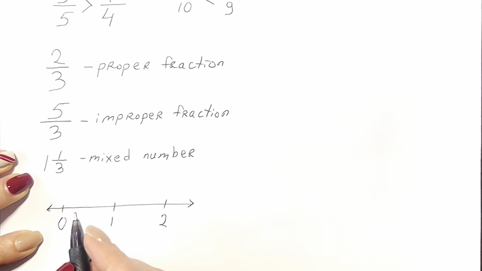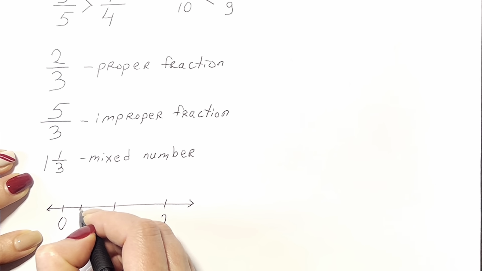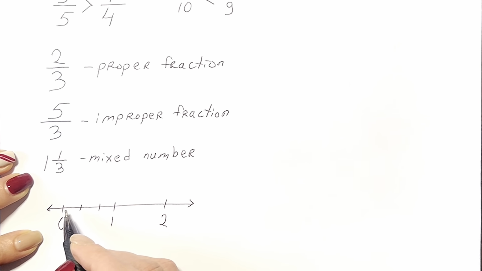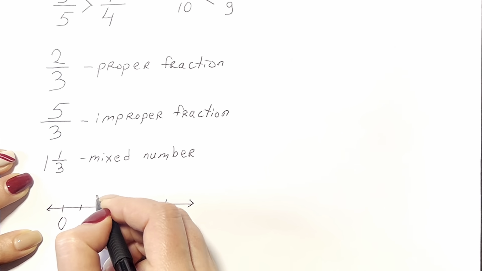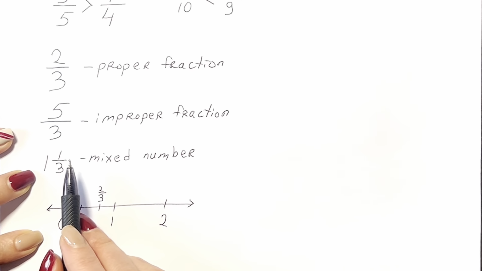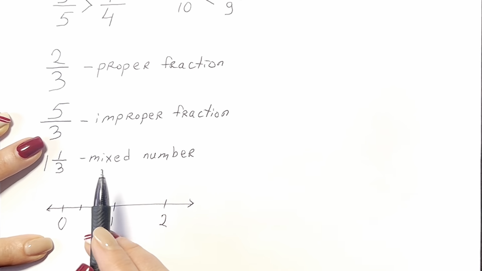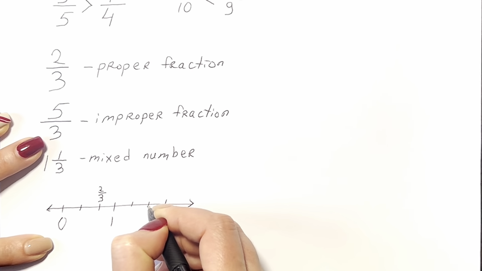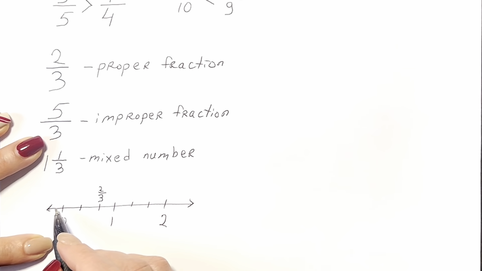So let's look at these three types of fractions on the number line. Okay, we have 2 over 3. We're gonna cut it into 3 pieces, 1, 2, 3, and we're gonna take 2 of them. 1, 2. 2 over 3. Okay. The second one is an improper fraction. Again, we are cutting by 3 pieces. 1, 2, 3. 1, 2, 3.